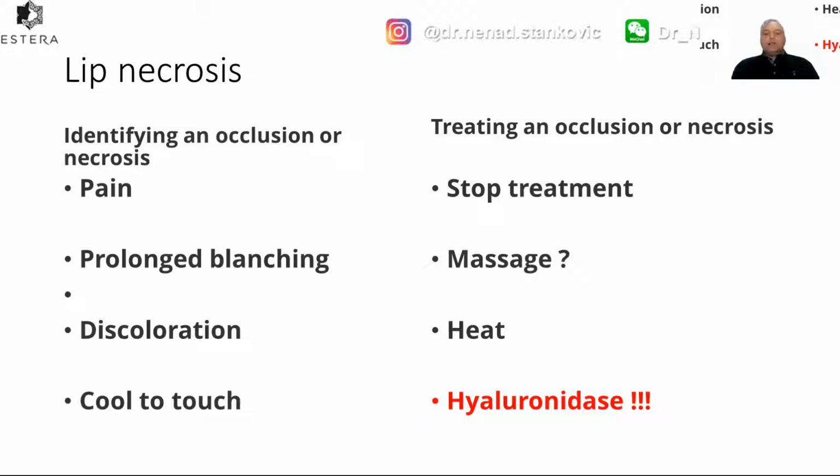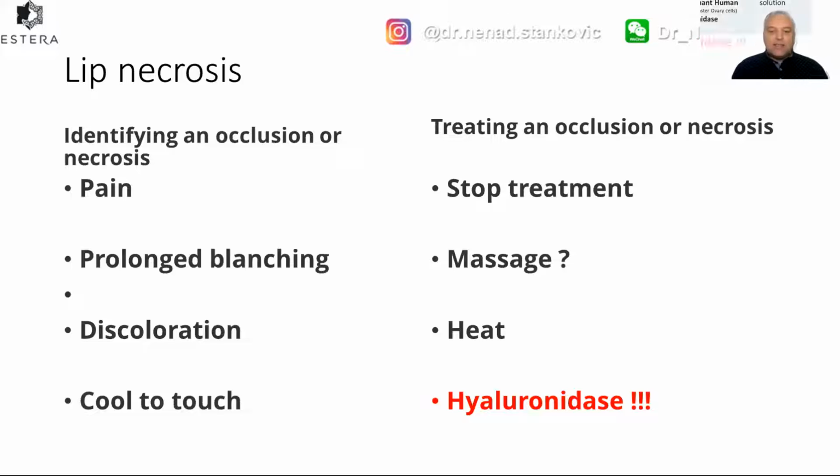In some scientific articles I have read, they said to do a massage, but there's always the question, should I do the massage, because the hyaluronic particle can actually travel to some other side and maybe create a problem. Then of course the heat, because that will create vasodilation of the vessels, and of course you have to do a hyaluronidase.